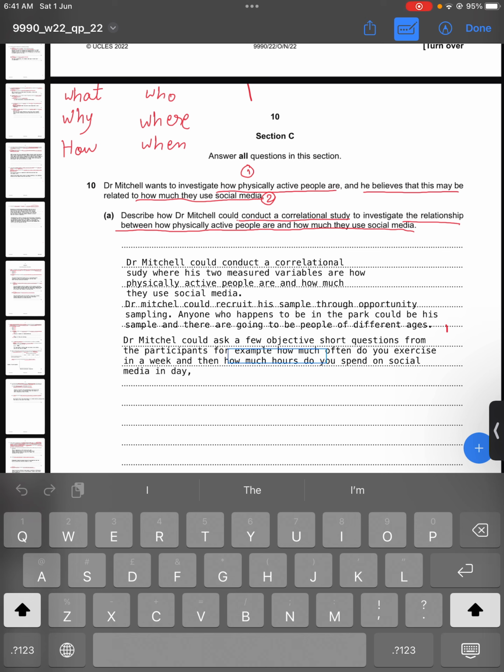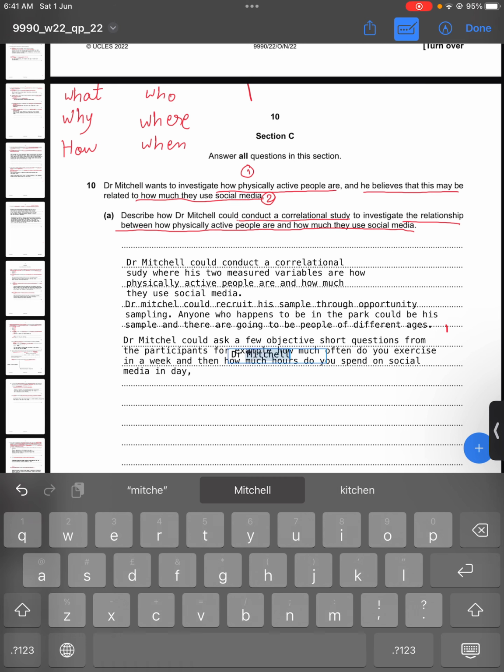And then you can write about the data analysis. That is also part of the procedure, that Dr. Michel could compare the hours a person spends on social media to how often they exercise.